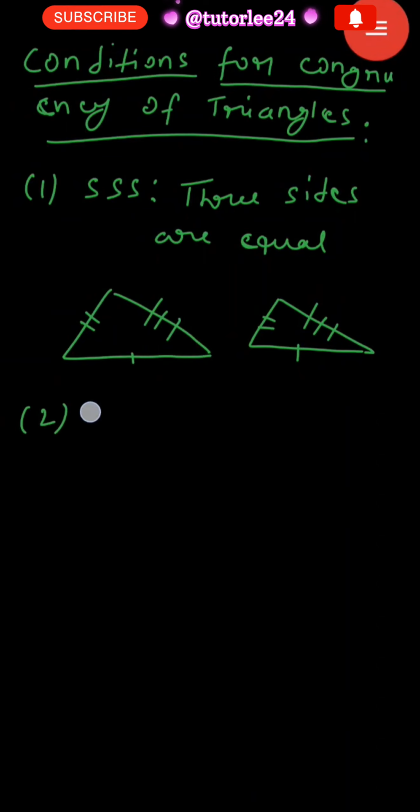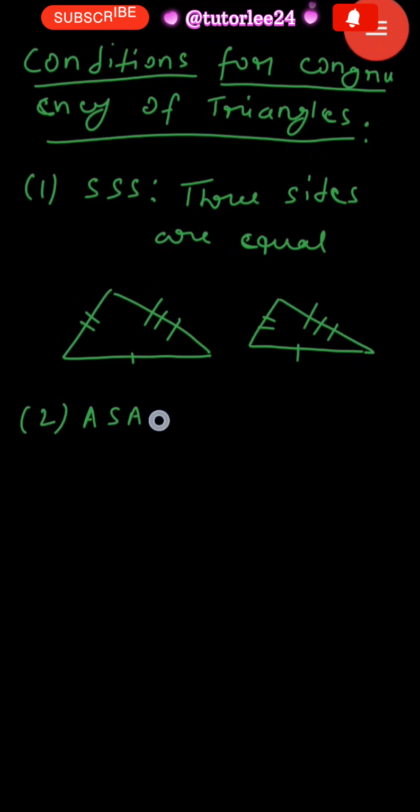And one more thing here: if the 3 sides are equal and they are proved congruent by SSS, it means their 3 corresponding angles are also equal. So if we prove that these 3 sides are equal, the remaining 3 angles here and here must be equal.